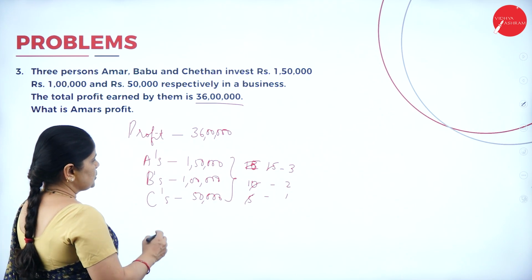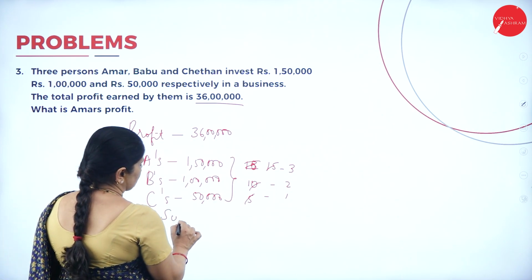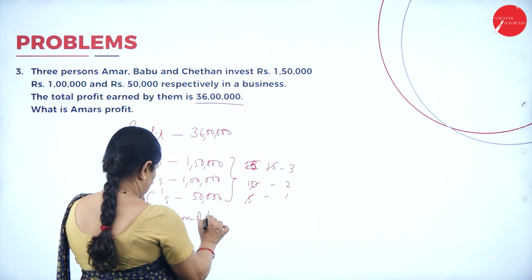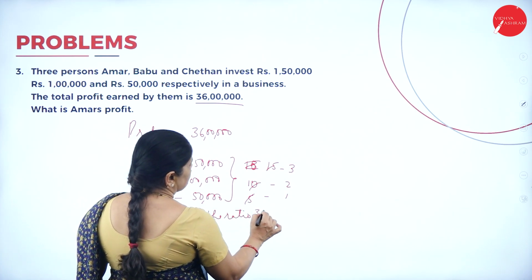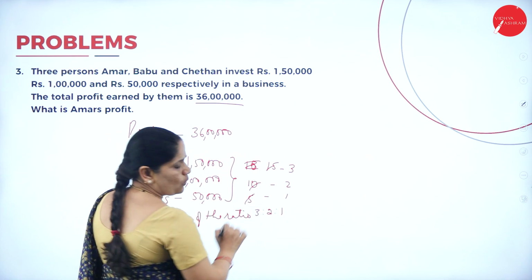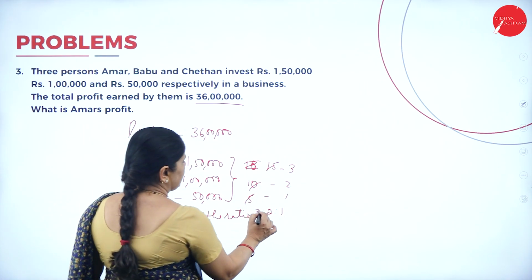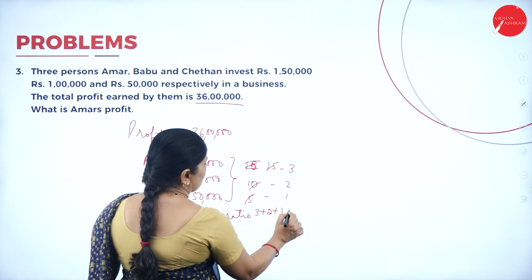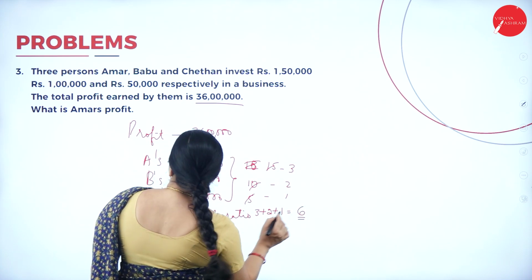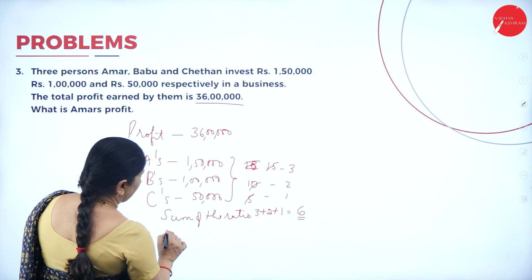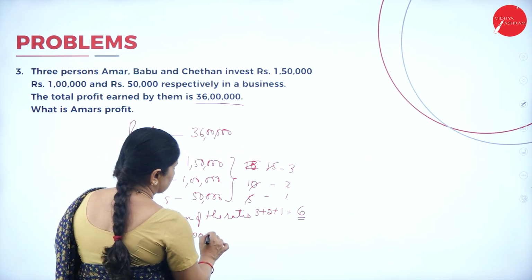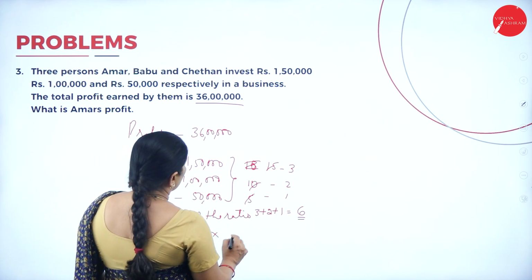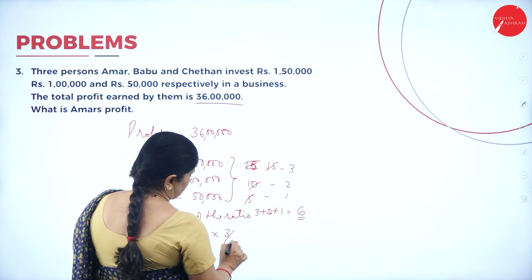Now, the sum of the ratios 3:2:1. So, 3 plus 2 plus 1, that is equal to 6. Now, we have to divide 36 lakhs into 3 by 6.